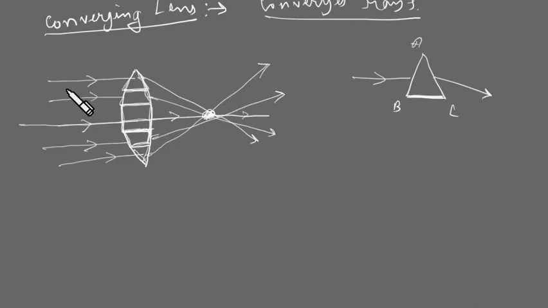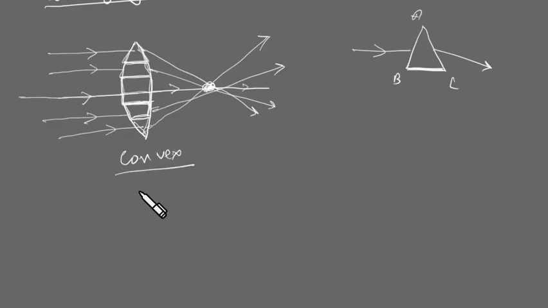So we can see that when a paraxial beam goes through a convex lens, after getting refracted by the lens, they converge. That's why it is also called the converging lens.